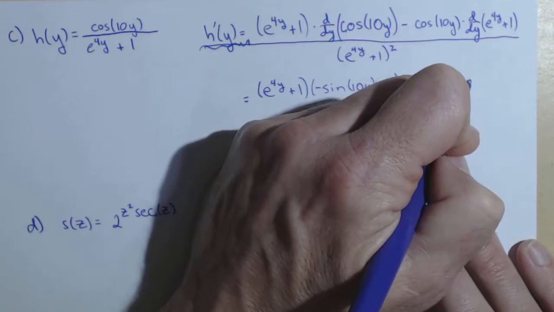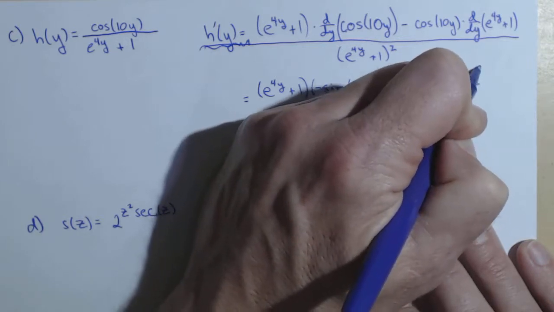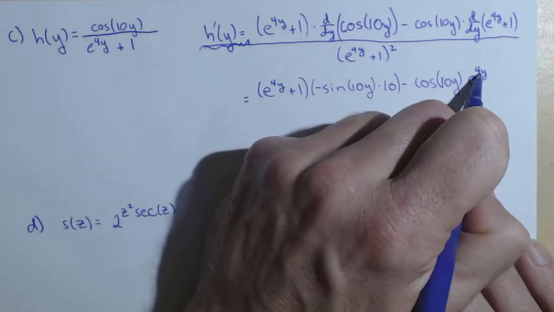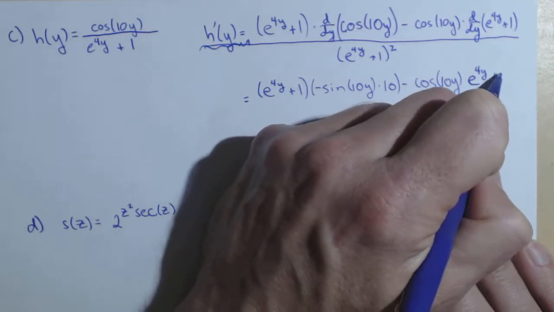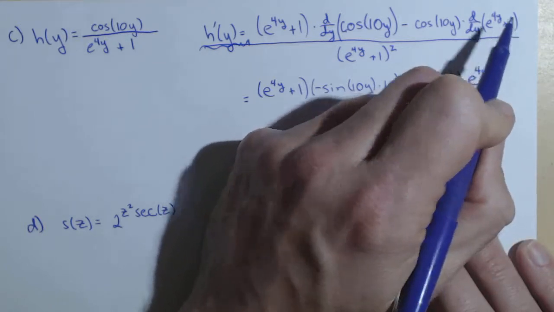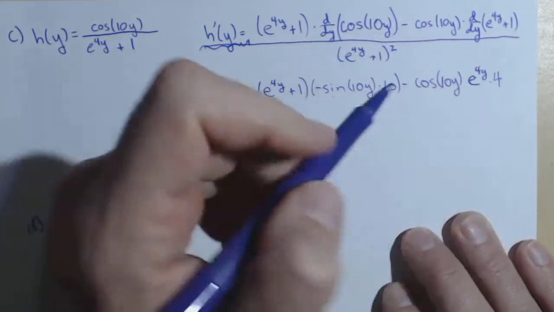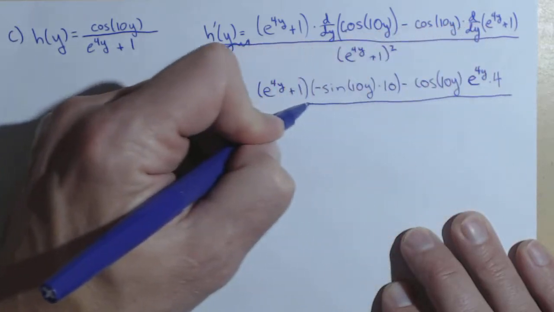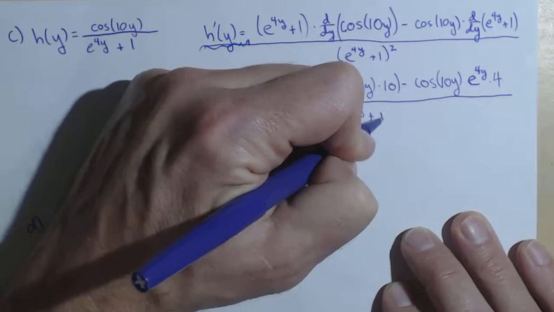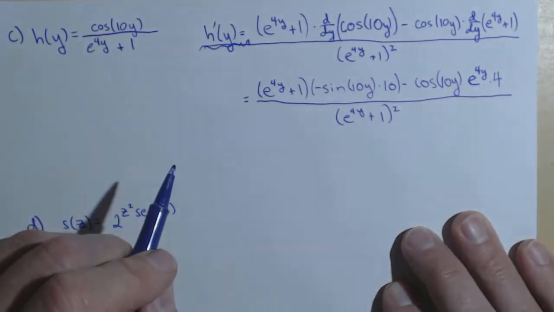So doing the derivative of the outside, leaving the inside alone, gives us e to the 4y. Now the derivative of the inside, which is the exponent, gives us multiplied by 4 because the derivative of 4y is 4. And then the derivative of 1 is just 0, so that's going to go away. All over e to the 4y plus 1 squared.